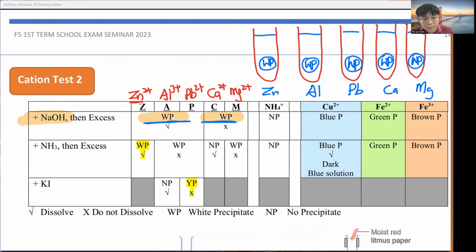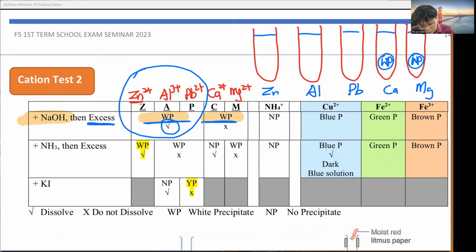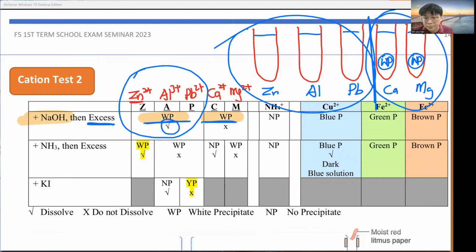Then we add excess, the second step. Add excess means you pour a lot. Then what happened? These 3 dissolve and disappear. So in this case, we know that these 3 test tubes are ZAP: zinc, aluminium, Pb. Then these 2 test tubes are calcium and magnesium. So using the result, we know that the left hand side, the 3, is zinc, aluminium, Pb. The right hand side is calcium and magnesium.